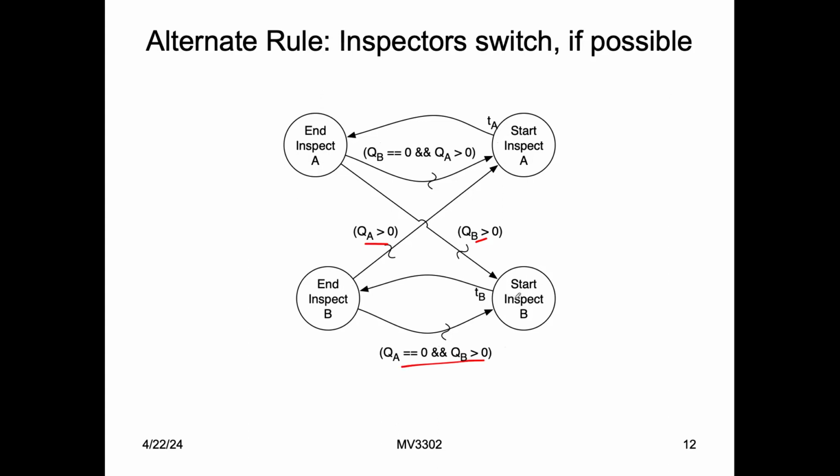Now, just intuitively, if you run it this way, I stand a better chance of having more balanced queues. In other words, the B queues aren't going to be building up quite so much.